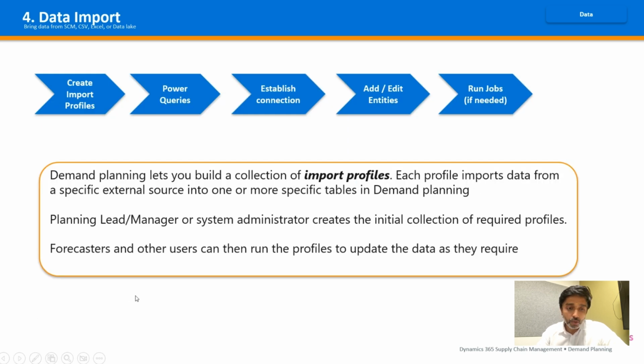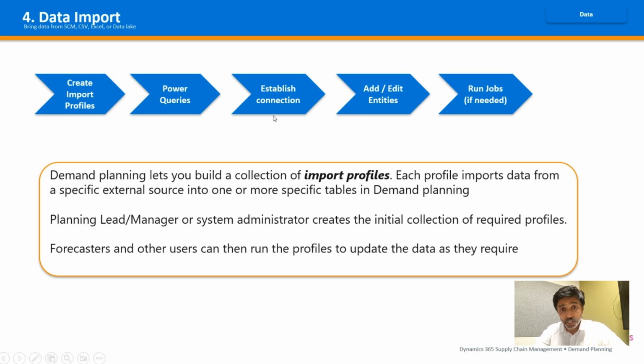So now, how do we do this? That's an important question. You can create multiple import profiles, and that's the starting point, but in order to create those you have to run the Power Queries, which could be in the form of Excel, CSV, or establishing a connection to an external system and fetching data from those systems where you have the sales data or any other data like that.